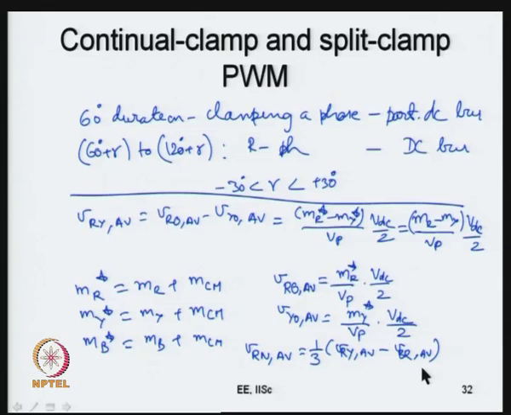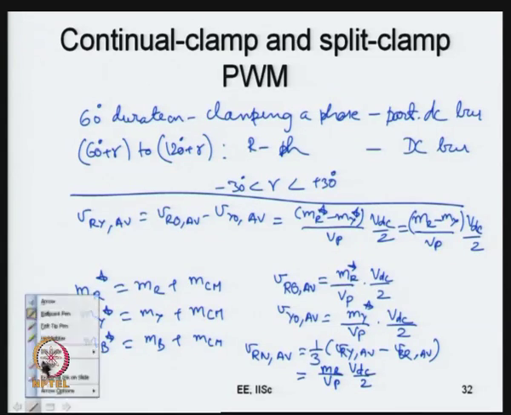If you do this, you will go back to what is your VRO average. If I write this down, what I would get here is simply MR by Vp times Vdc by 2, goes back to the original equation. It is just the same as VRO average without the common mode component added there.